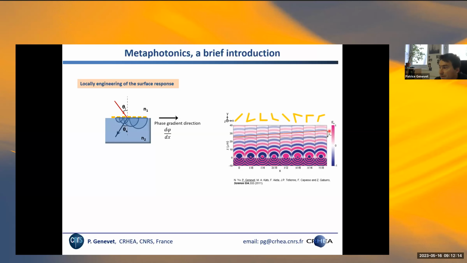So you have a gradient of phase retardation, which is used to beam light in a controlled direction. This leads to an expression for the law of reflection and refraction that becomes generalized, where you can now control the transmitted angle θ2 simply by controlling the phase gradient of your interface. So you have a generalized version of the law of reflection and refraction.